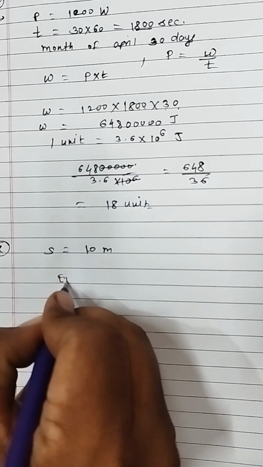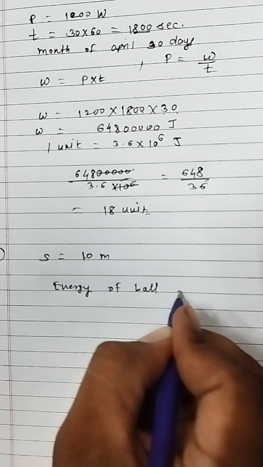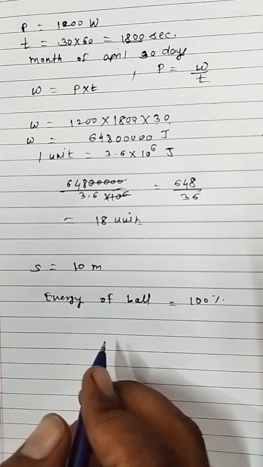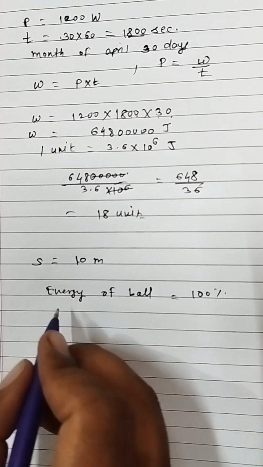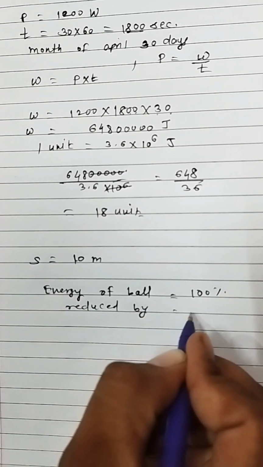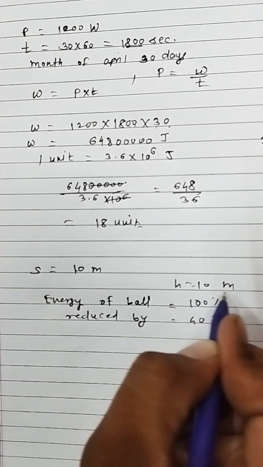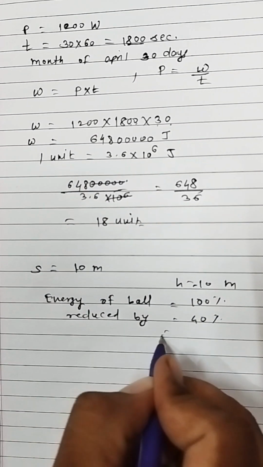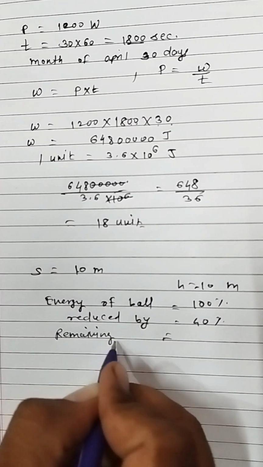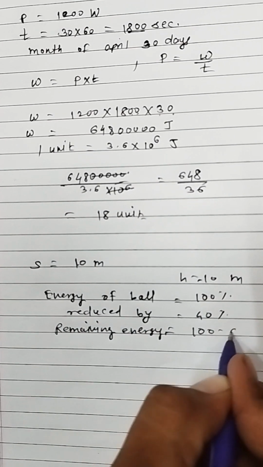Suppose we consider the first energy of the ball to be 100%. Energy of the ball is equal to 100%, and then it's reduced by 40%. At that time the height was 10 meter. Now what will you get here? Subtraction. The remaining energy is equal to 100 minus 40.